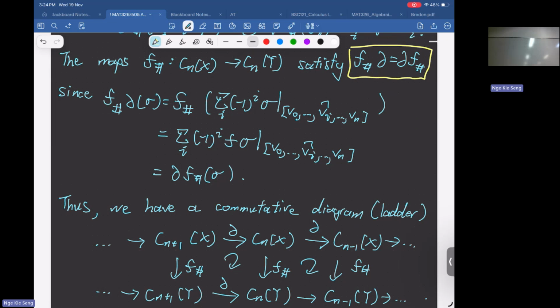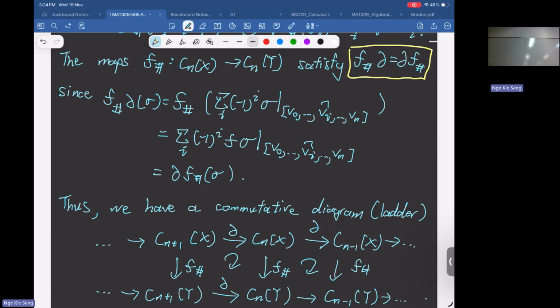Okay, so two things to do. One is to show this diagonal commutes. Second thing is to show that this commutativity gives you the well-definedness on homology. Very special, huh? Something commutes and then you have a map on homology. Okay, so why does this commute? Let's check. So let's do one side, do F sharp of delta sigma first. But delta sigma is where you just throw one vertex away with the alternating sign.